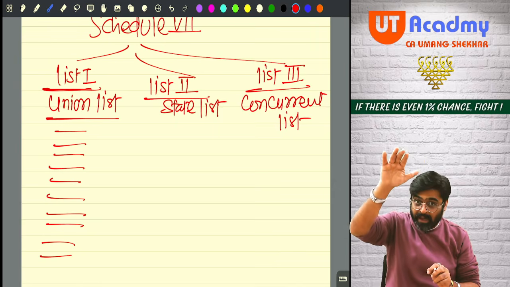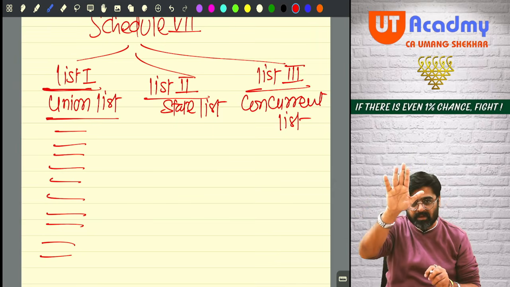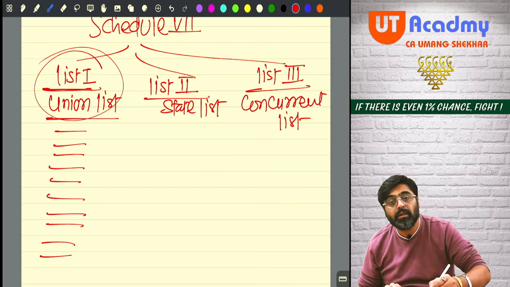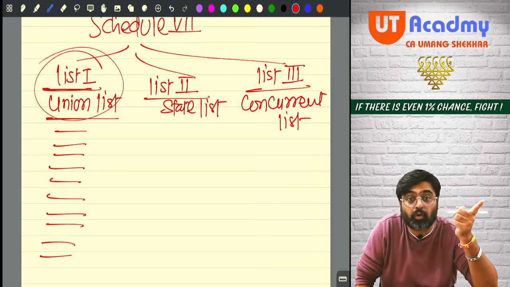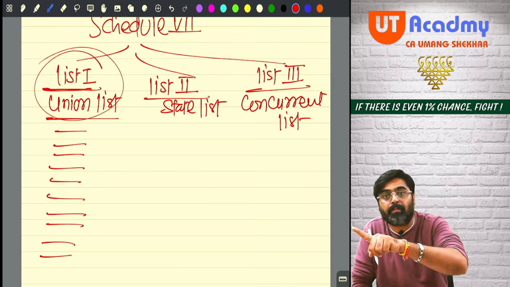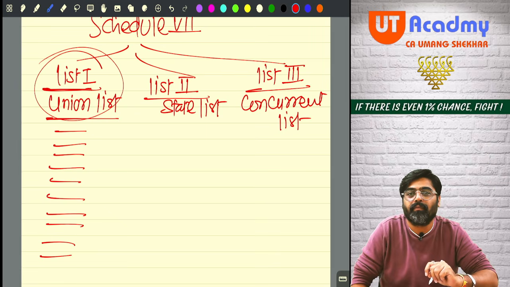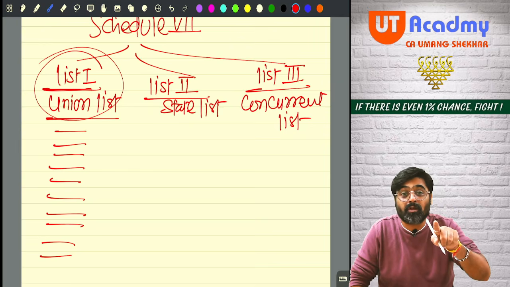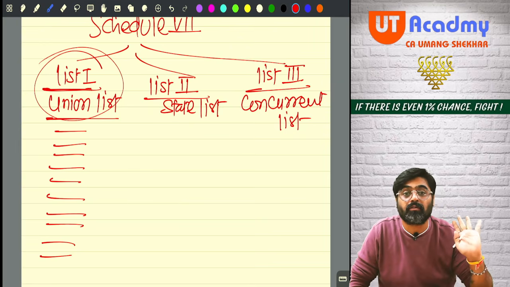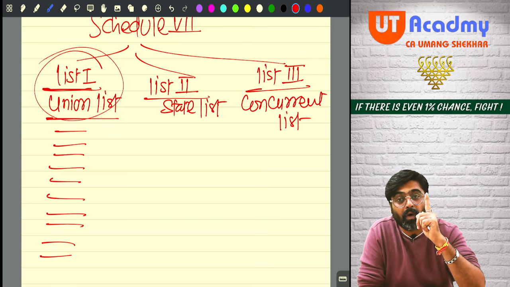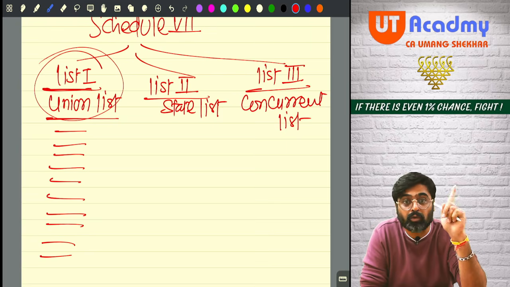So all the entries, meaning all the subject matters enumerated in the Union List, exclusive power to make law on these subject matters is with Parliament. State legislature cannot make their law on these subject matters. Only one law will be made on these subject matters, which will be applicable throughout India.